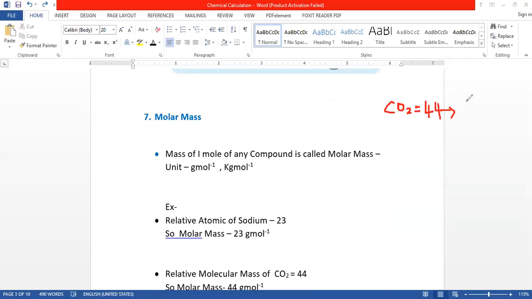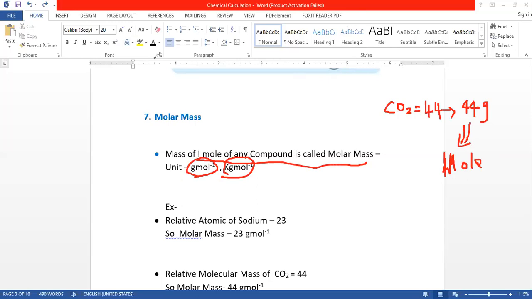So the 44 gram is 1 mole. Molar mass: the mass of 1 mole of any compound is called molar mass. The unit is gram mole minus 1 or kilogram mole minus 1.